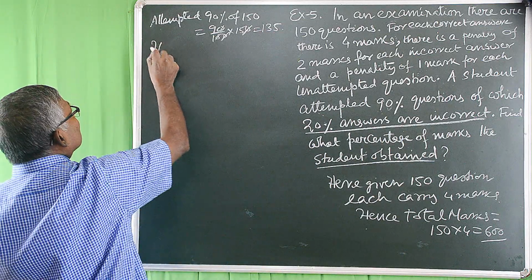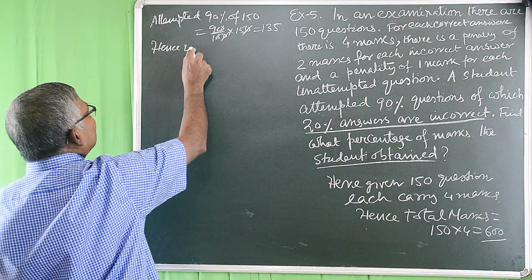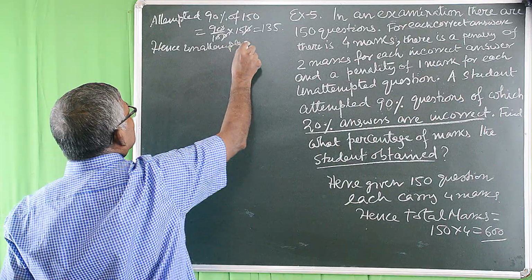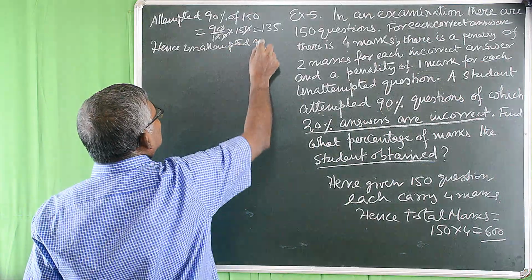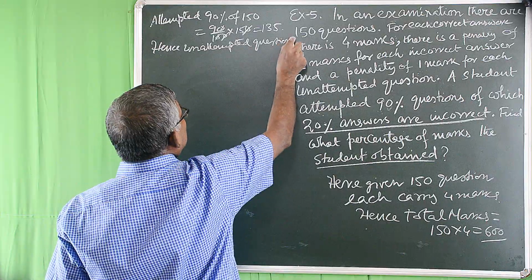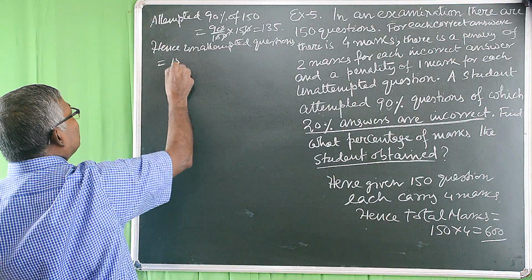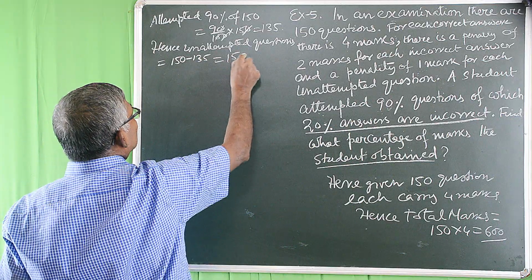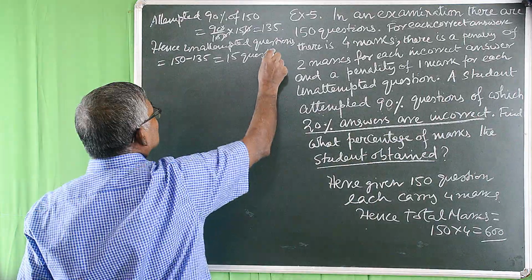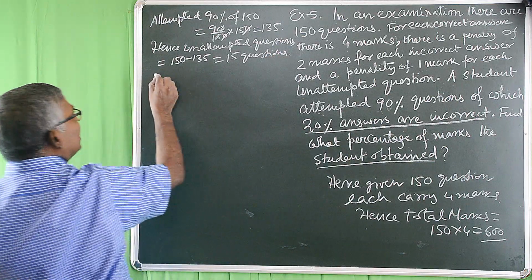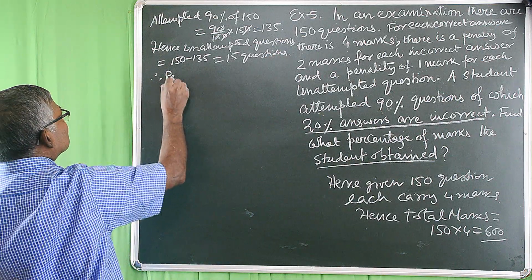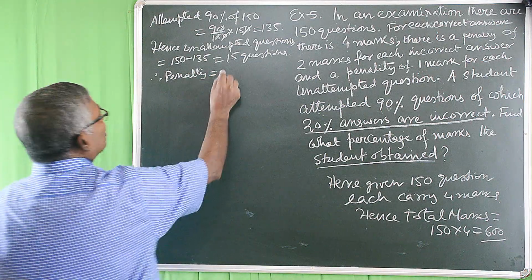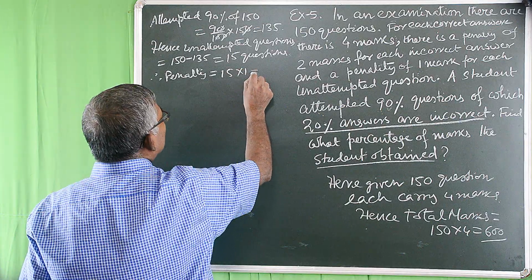Hence, unattempted questions equal 150 minus 135 equals 15 questions. Therefore, penalty equals 15 into 1 equals 15 marks.